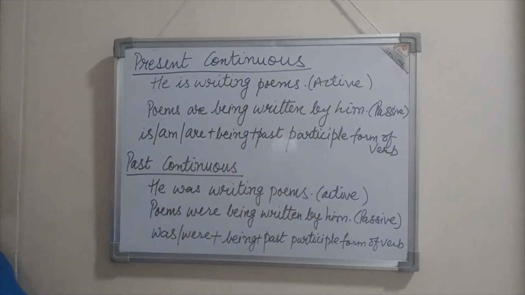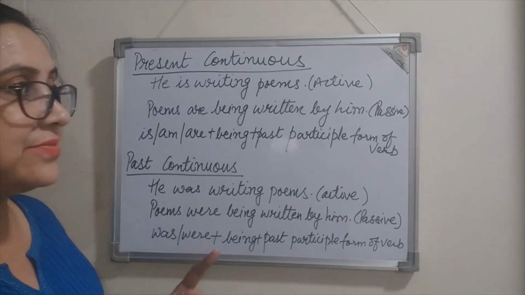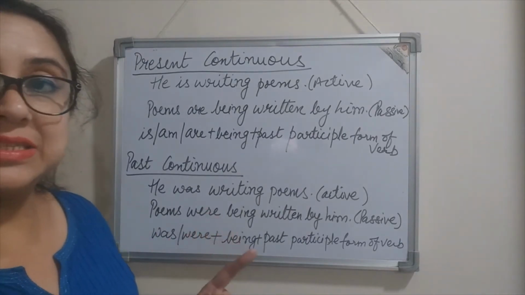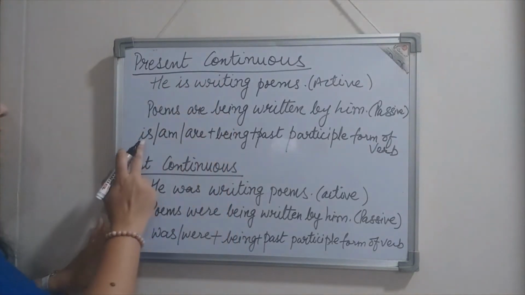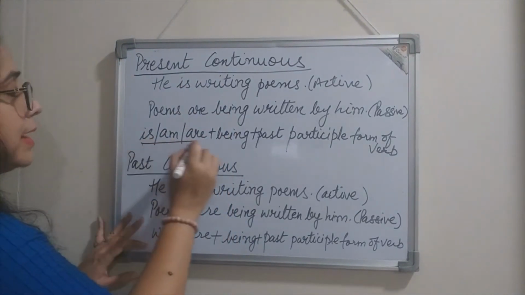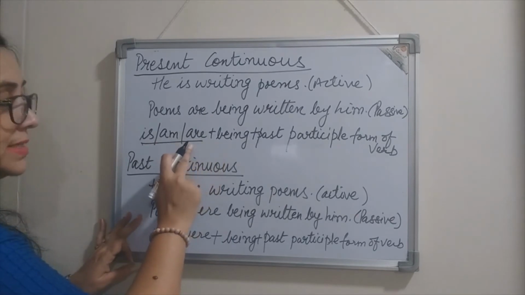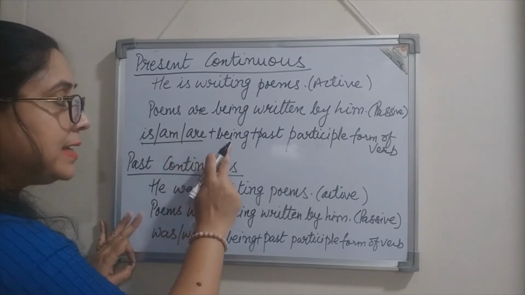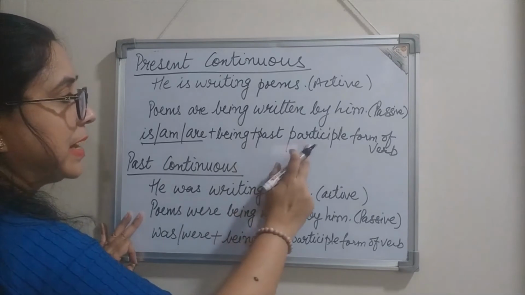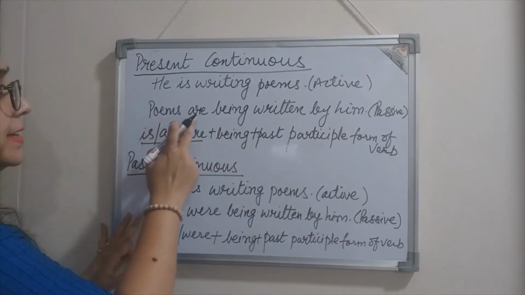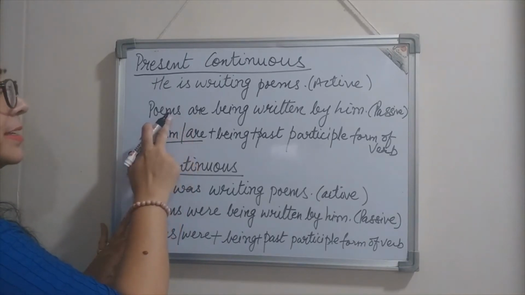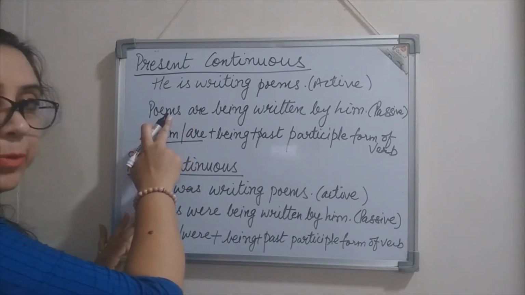So what is the basic structure of passive voice? Sentence in passive voice, if the verb is in present continuous tense, it's is, am or are depending upon the subject, plus being plus past participle form of verb. Let's see the sentence once again. Are is there because here the subject is a plural number.